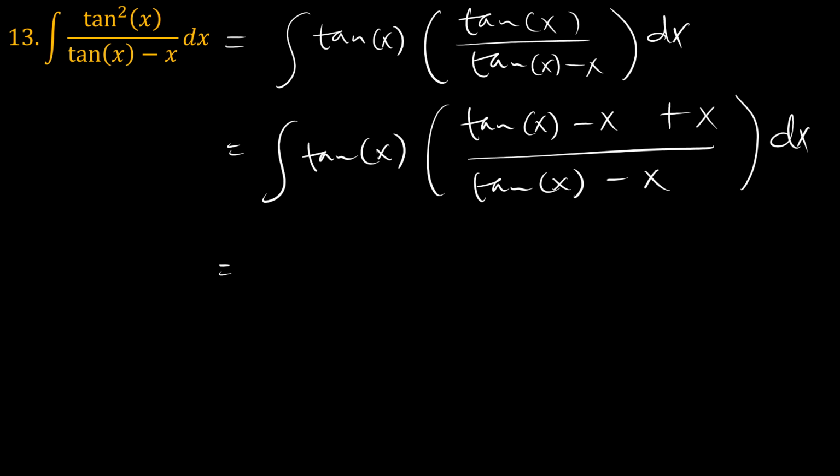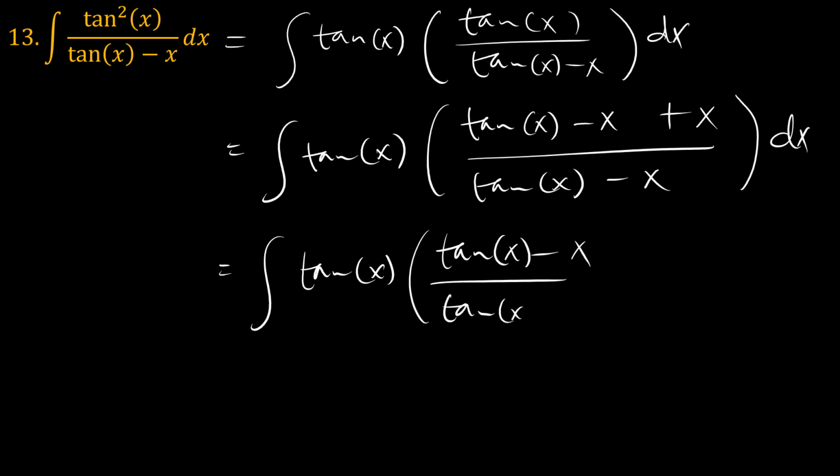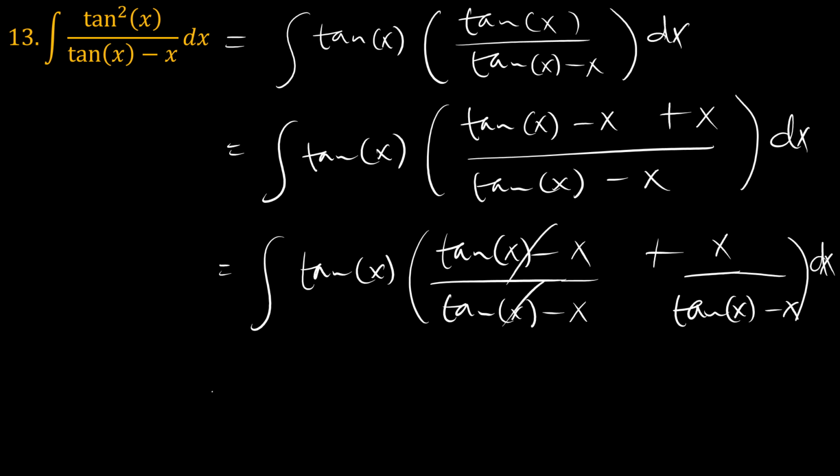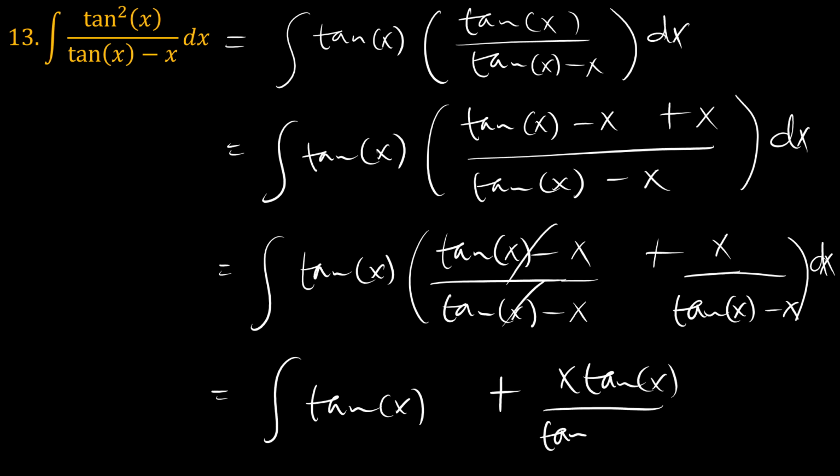So we can now separate this like that. So this cancels, so we have now tangent of x plus x tangent of x over tangent of x minus x.